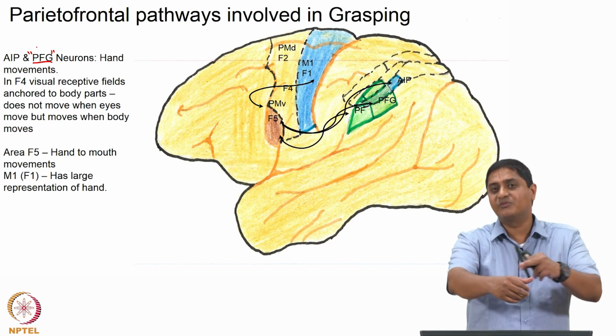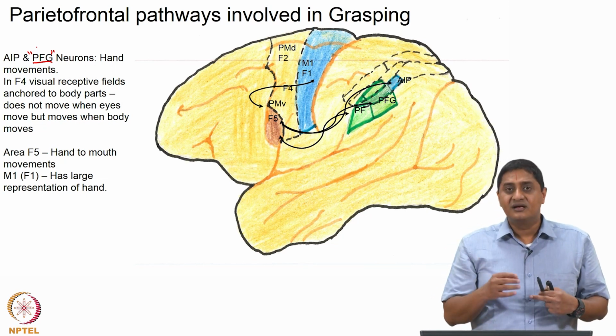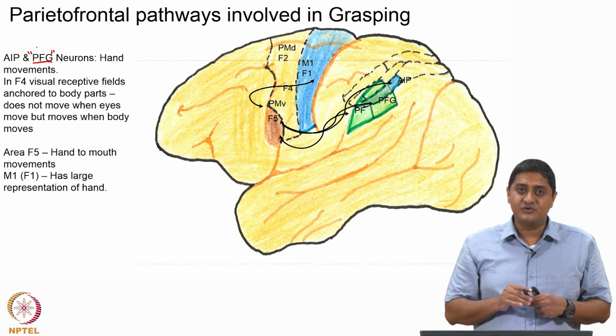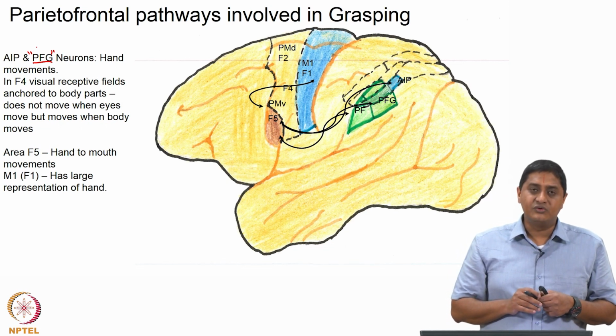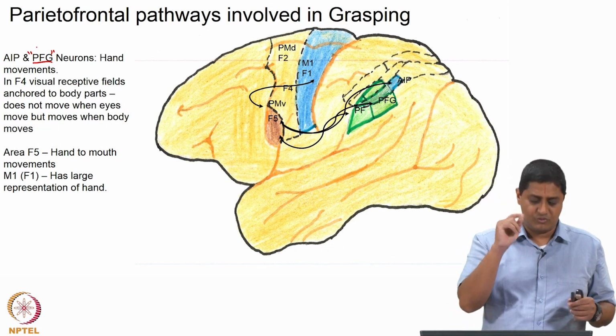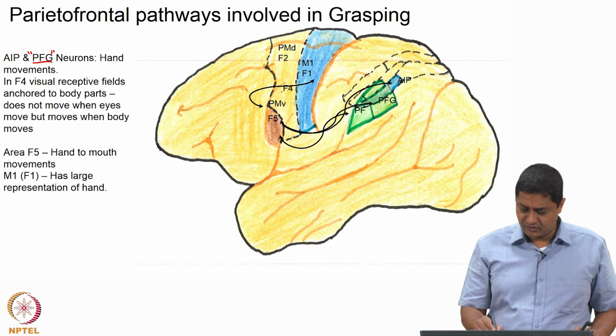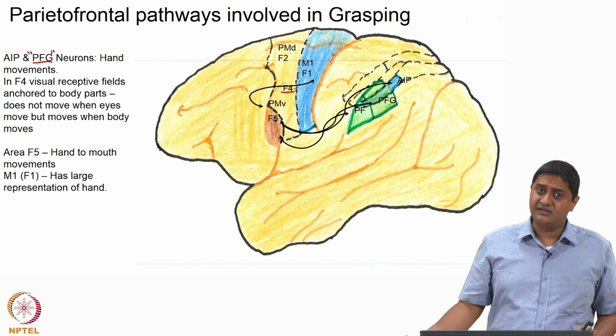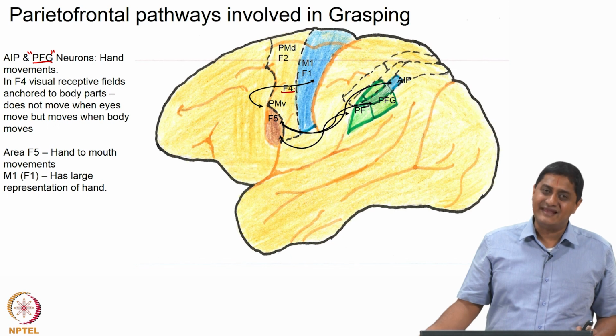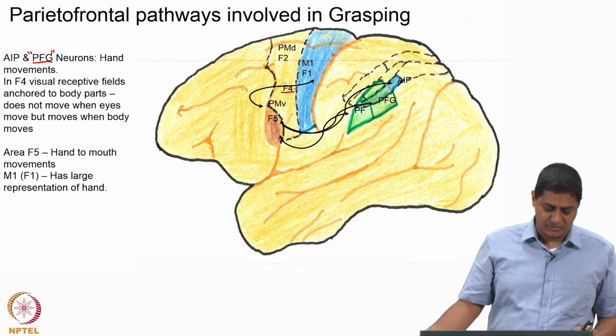Reaching movements involve movements of the arm, whereas the AIP and PFG neurons are believed to contribute to hand movements. And as I mentioned, the area F4 is active when the particular part of the body moves, but not necessarily when the eyes move. So, vision is something that is going to affect this less than actual movement.